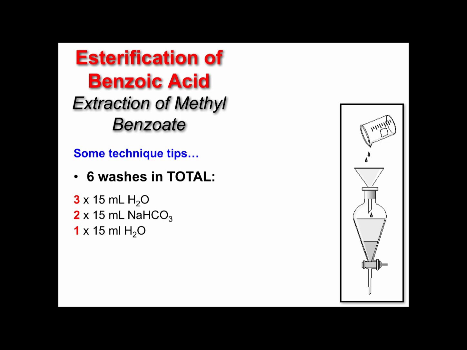Be very careful with the sodium bicarbonate. You've been doing acid-base extractions. You did one last week. This is another acid-base extraction, but it's a little bit different. When this base removes acid, it converts it into carbonic acid. Carbonic acid falls apart to release carbon dioxide.